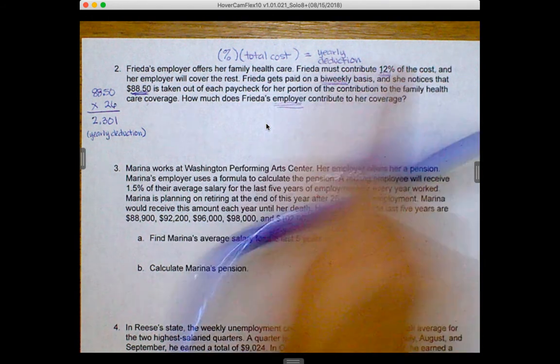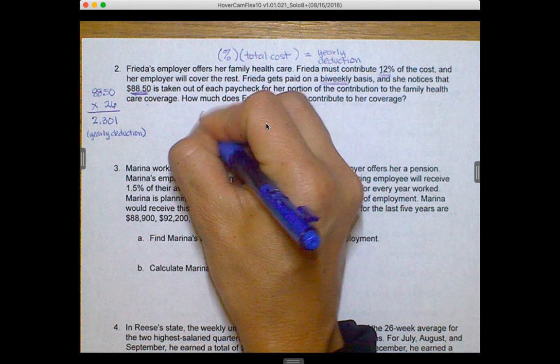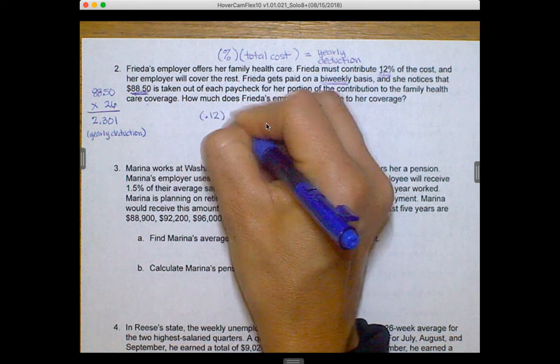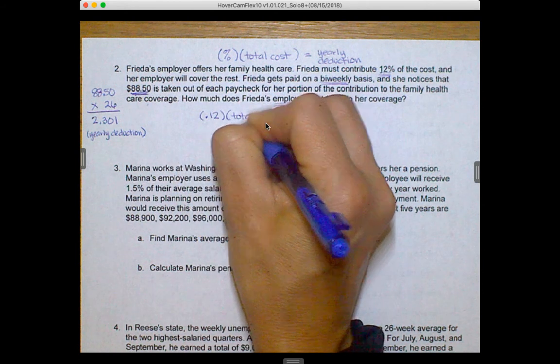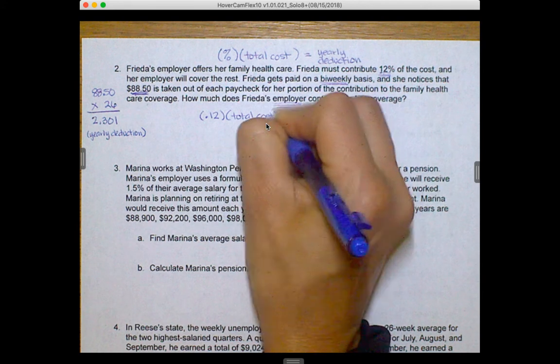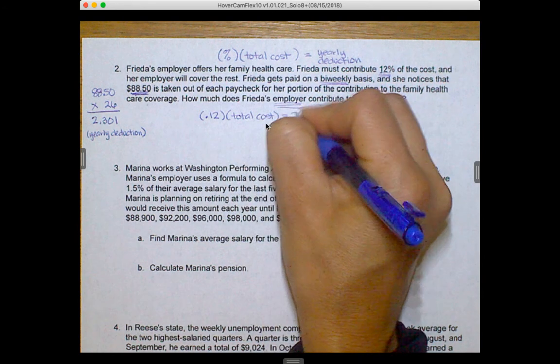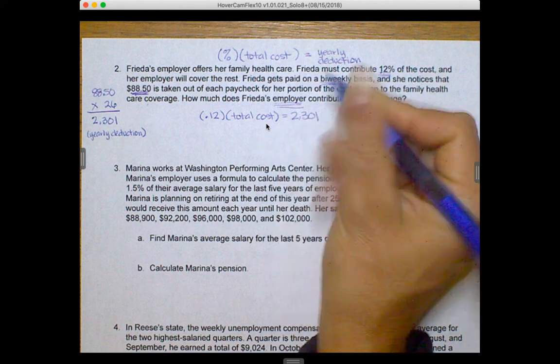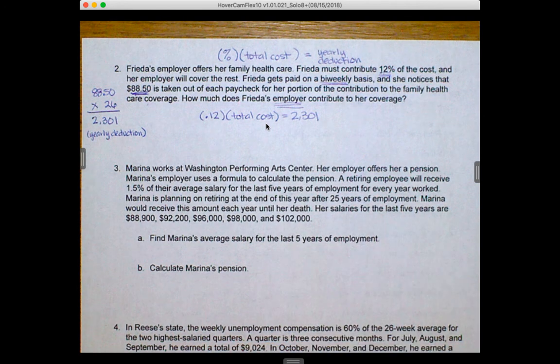Now remember, anytime I use a percent, I'm going to use it as a decimal. So I'm going to write 0.12 times the total cost for her healthcare is going to equal her yearly deduction, which was $2,301. Okay, from there, I'm going to divide to help me solve.